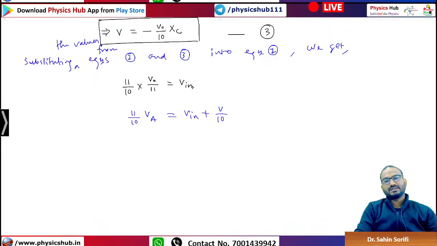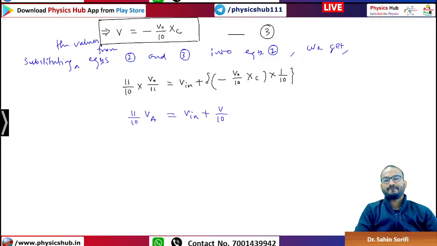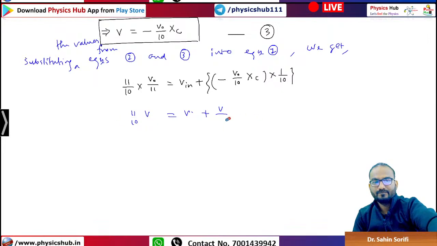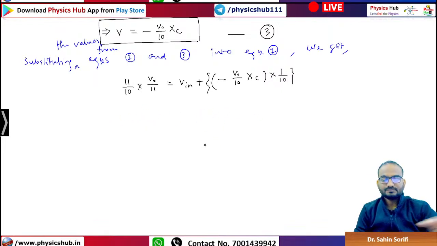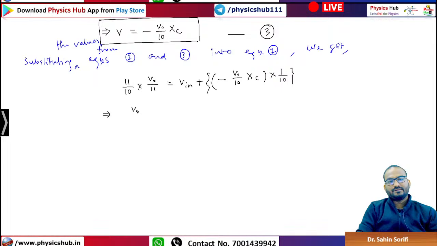This is equal to V in plus V by 10, V is minus V naught by 10 XC into 1 by 10. And that gives you V naught by 10 is equal to V in minus V naught XC by 100.